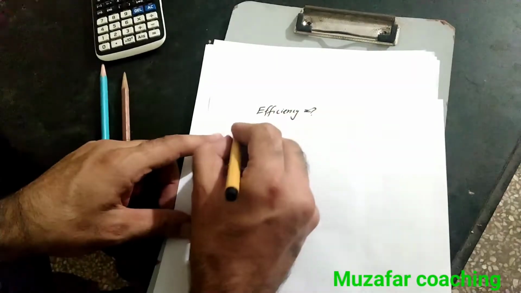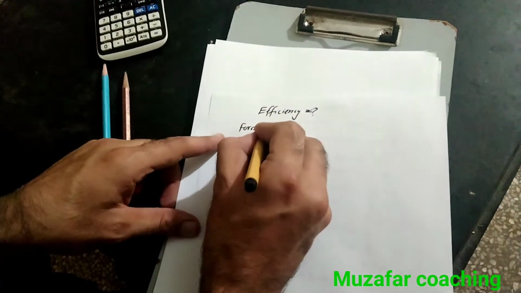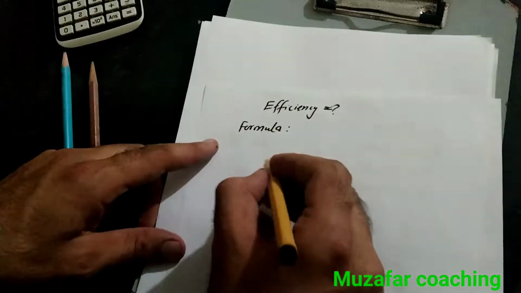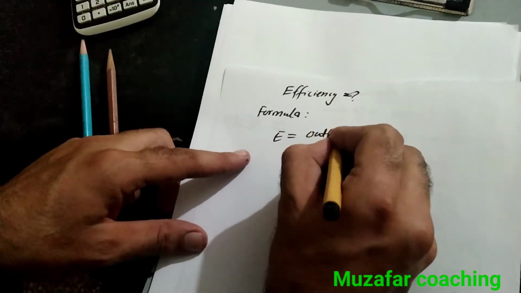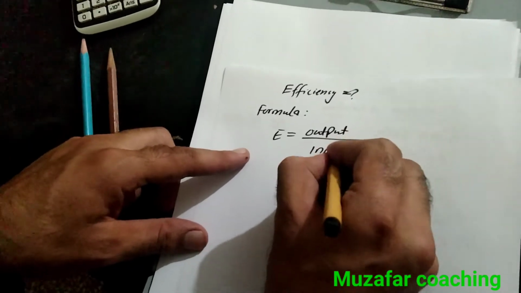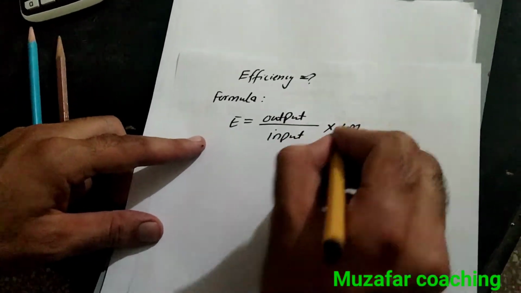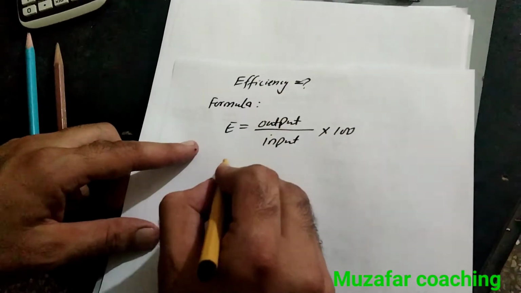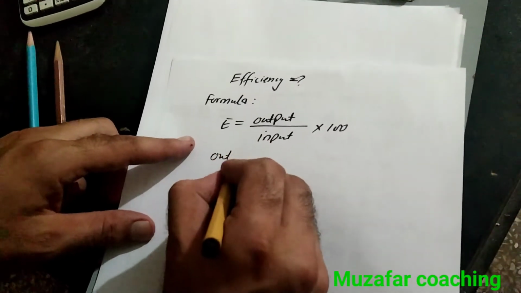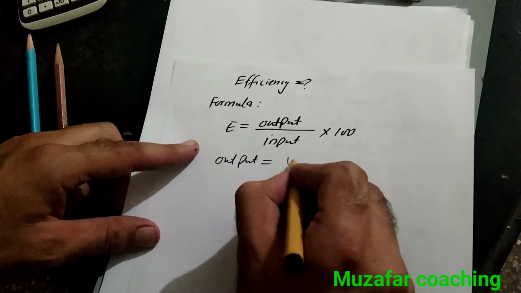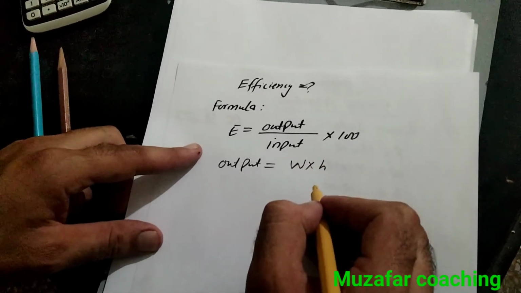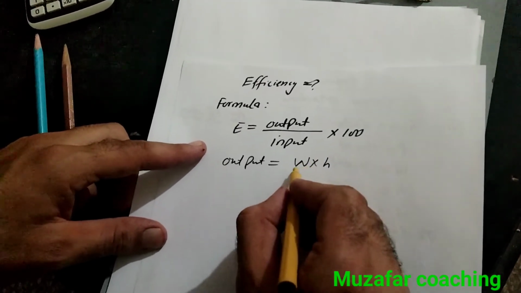So for efficiency we have to use the formula: E is equal to output divided by input multiplied by 100. First of all, we have to find output. To find output, we know the formula is W multiplied by H. How will we remember this formula?